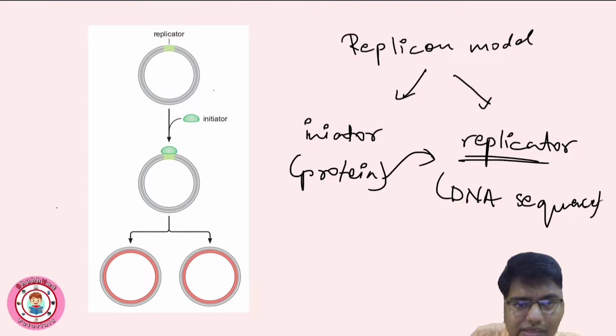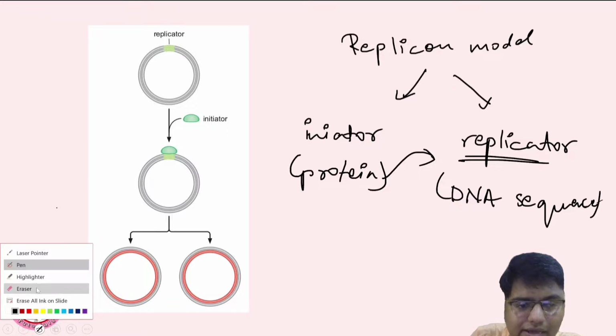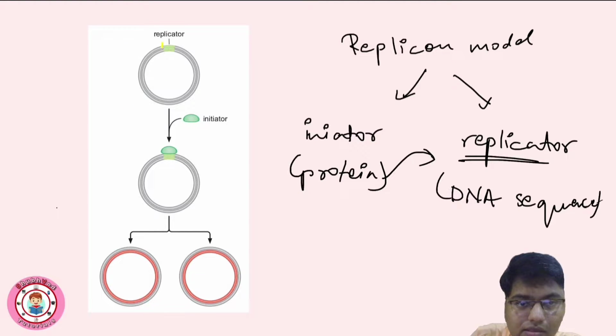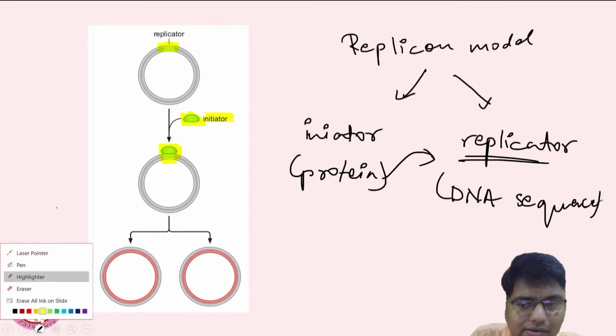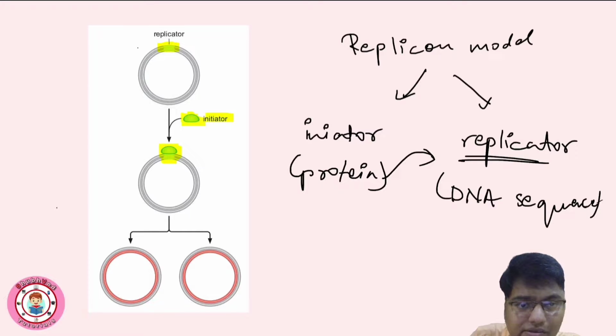So this is a sequence we can see here in the diagram. This is a replicator sequence. Here comes a protein known as the initiator. This will bind directly to the replicator, or origin of replication.